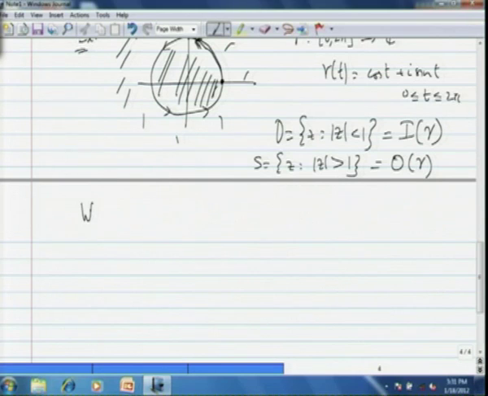So, notice that if gamma is positively oriented, then we define a curve minus gamma, which traces gamma in the opposite direction. That is not positively oriented, we want to call that negatively oriented.